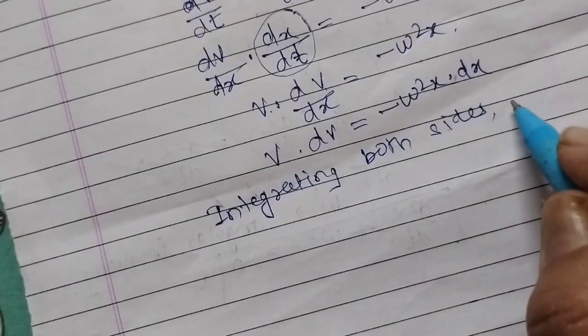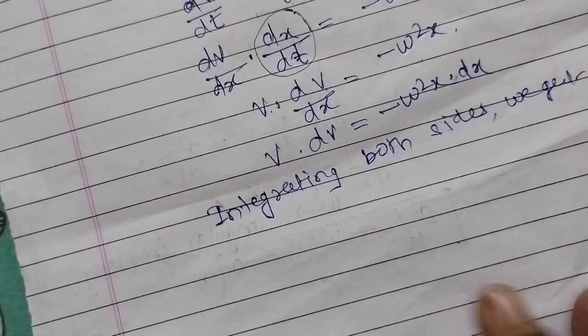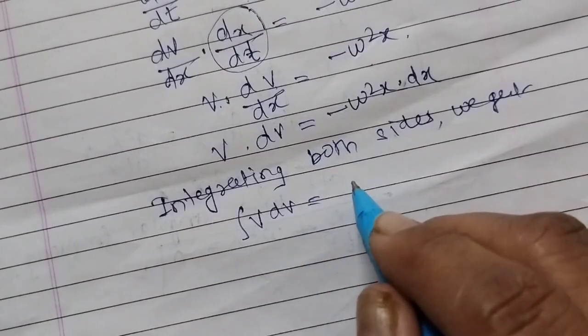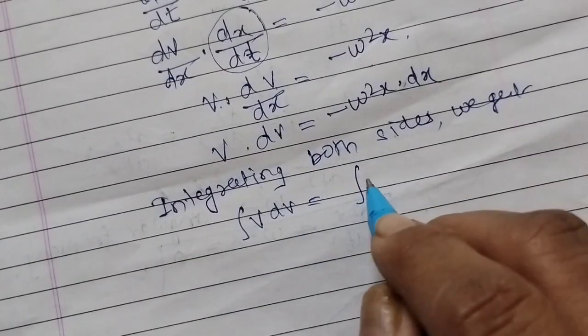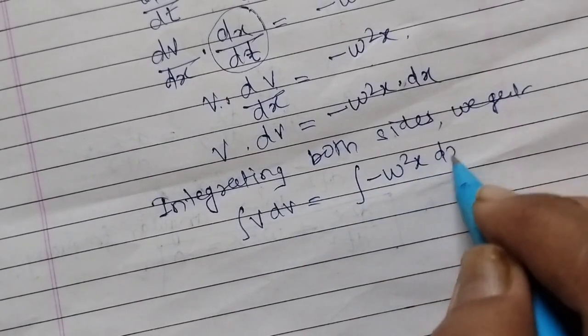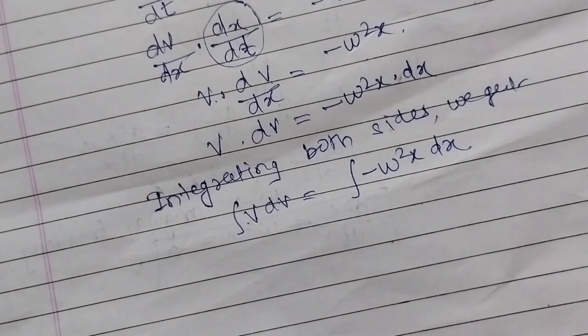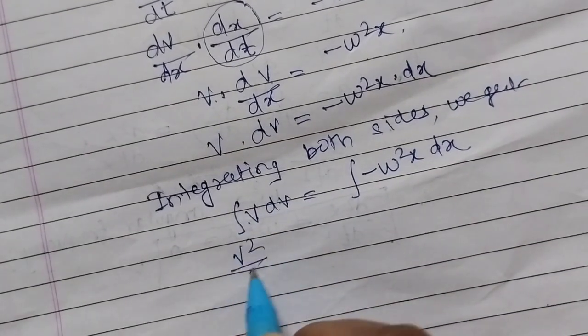So integrating both sides we get, integration of v dv that is equals to integration of minus omega square x dx. So integration of v dv will be equals to v square by 2.